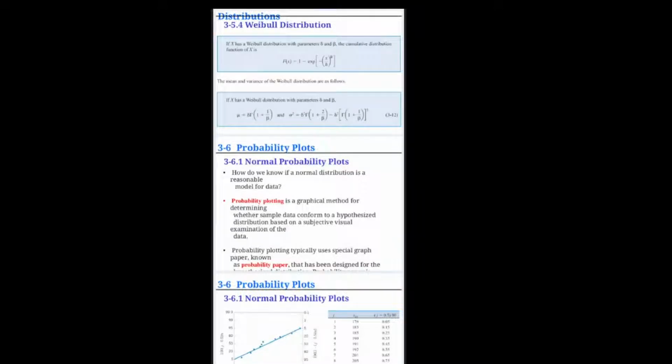Normal probability plots. We need normal probability plots if we need to identify distribution using graphical methods. So we need to determine whether sample data conform to a hypothesized distribution, for example, normal distribution, or not, and we can make this decision based on a subjective visual examination.